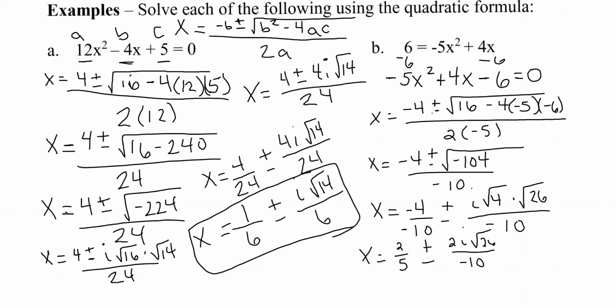But the 2 and the negative 10 we can simplify. So we're going to end up with 2/5 plus or minus i square root 26 over 5.